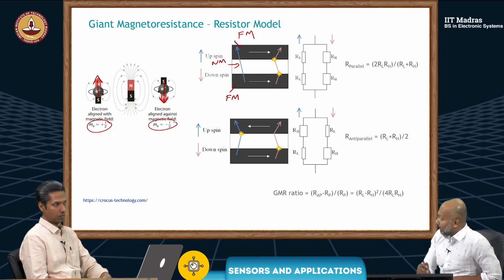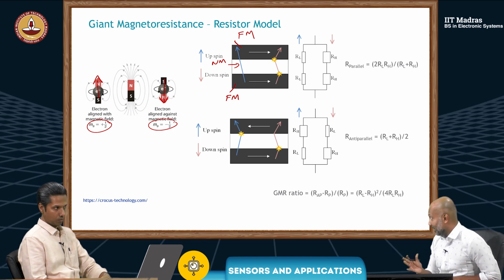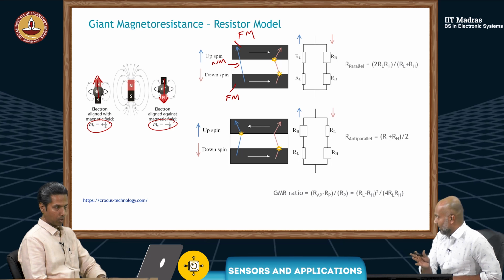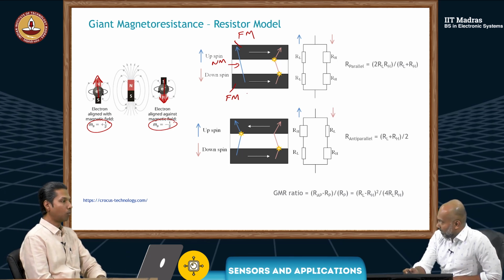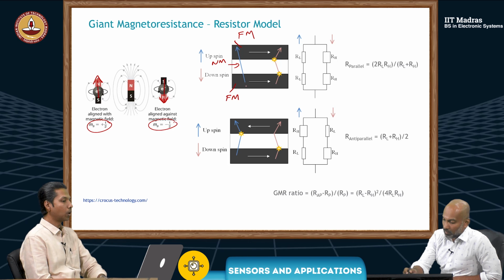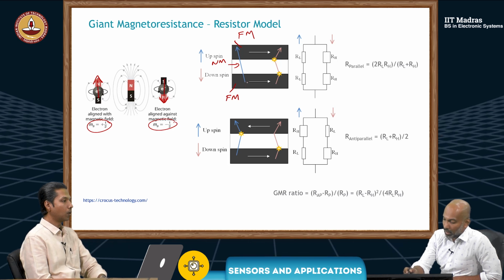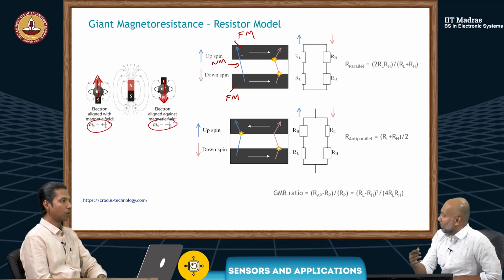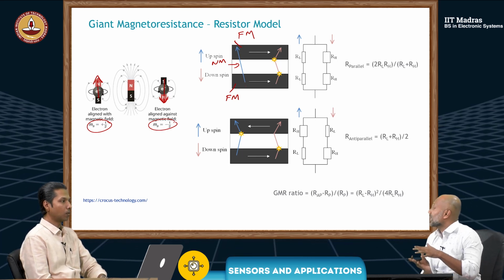Let's say your spin up electrons are aligned in the same direction as these magnetization layers. When they travel through the ferromagnetic, non-magnetic, and ferromagnetic layers, they travel without a lot of scattering, because they are aligned in the same direction.